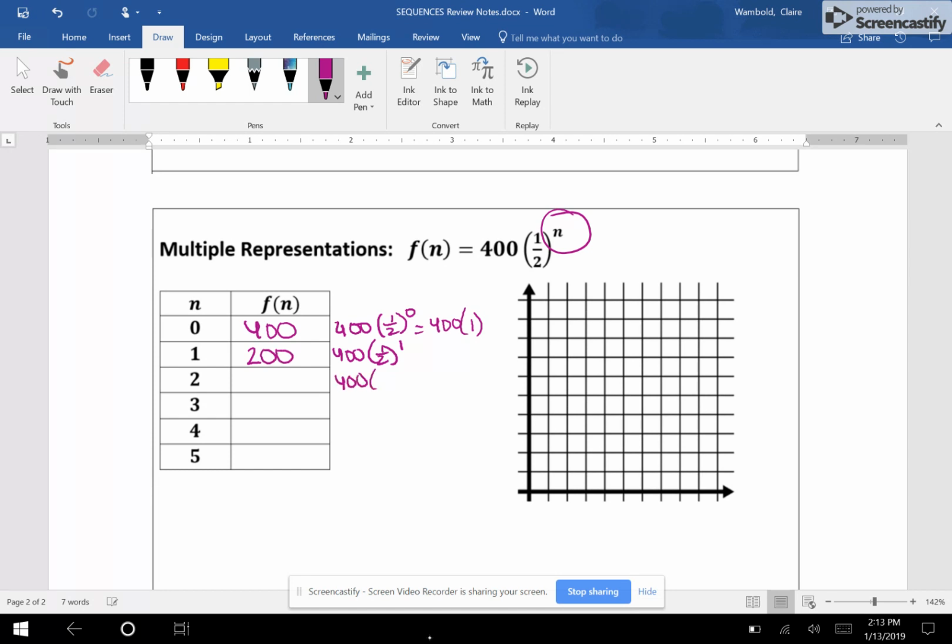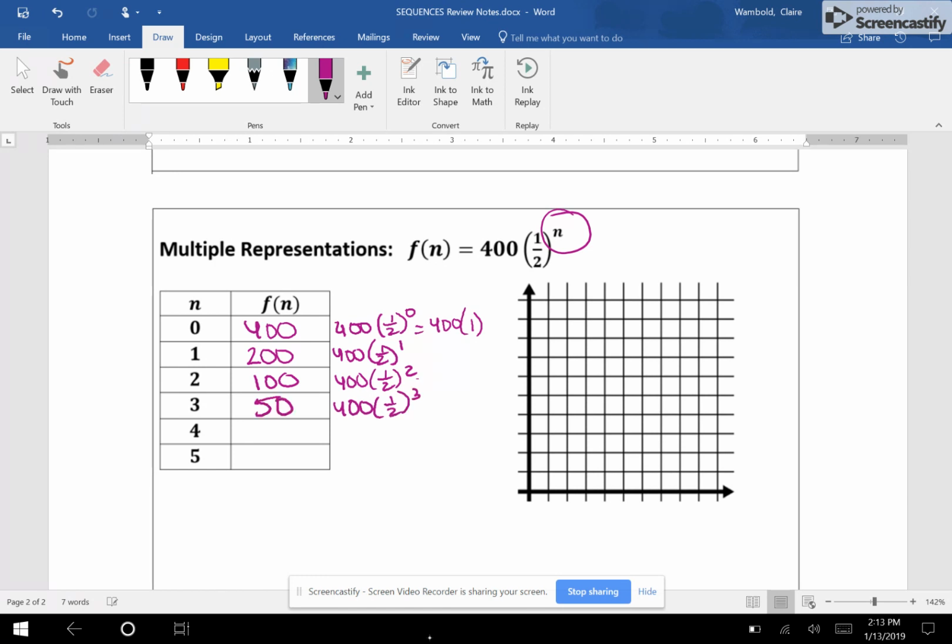So again, as long as we're using our calculator responsibly and starting with the exponents, we're never going to do 400 times 1/2 and then raise it to that exponent. And in fact, I should probably write the correct exponent there. All right, so this is 100, and we keep working here.